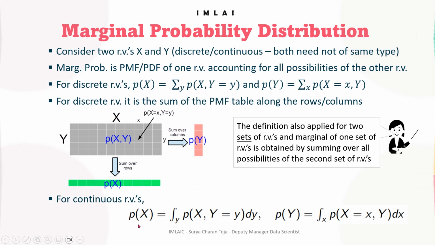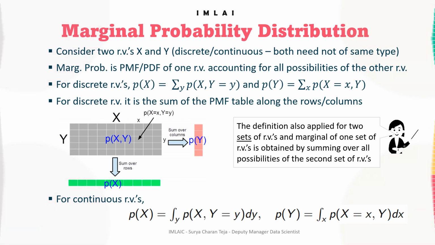To calculate P of X, the limits are given by Y, and P of X comma Y is integrated with respect to dy. For the probability of Y, it is integrated with respect to dx, and the limits are given by x. That's for continuous random variables.